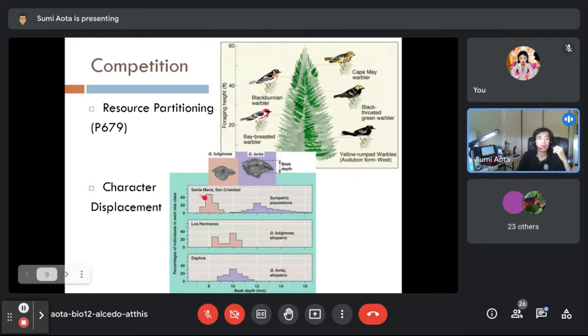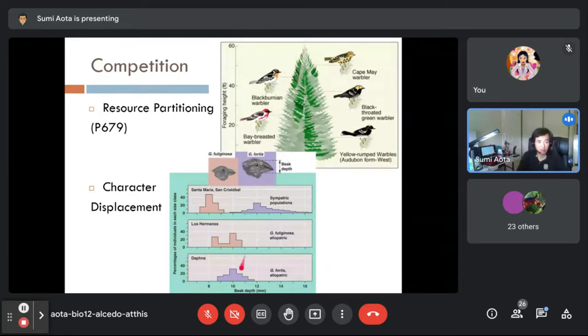But on these two islands, Santa Maria and San Cristobal, the two birds are found both on the same island. And what have they done? Well, the smaller bird has been directionally selected such that the smaller beaks do better, and so their beaks have shifted to the smaller size.